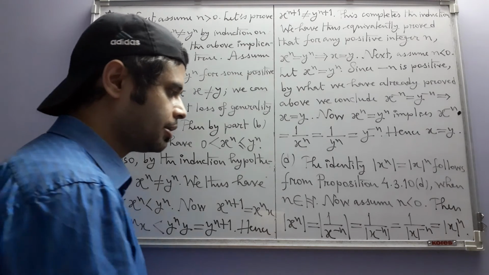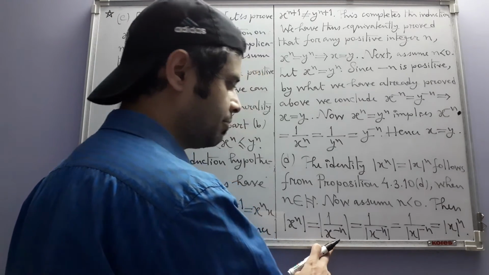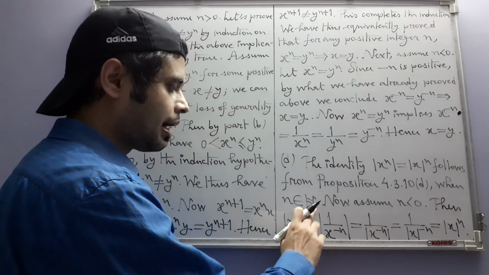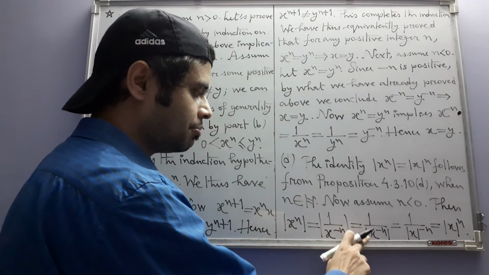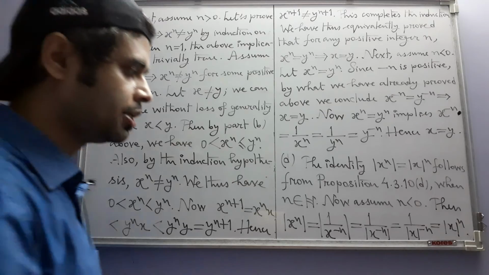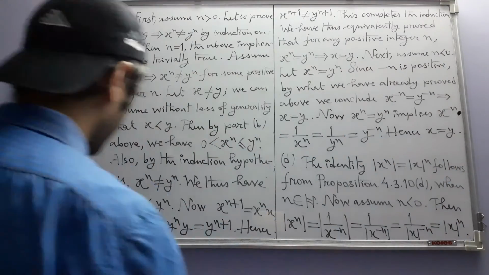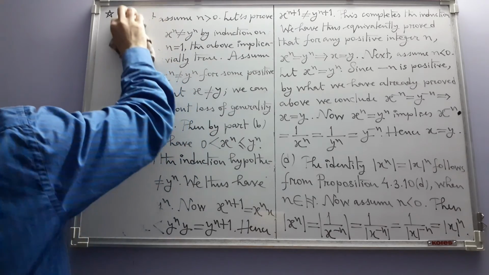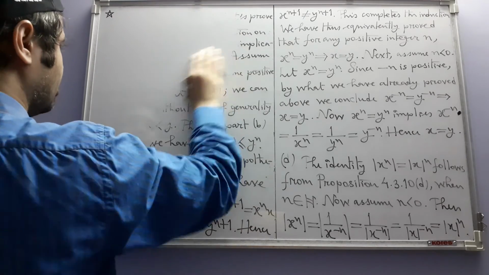The only place where it seems like we have confusion is this equality. How can we suddenly bring the absolute value with the x to the denominator? And the answer to that is multiplicativity of absolute value.